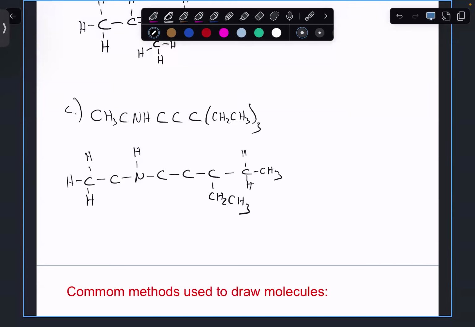Got a little bit lazy over here. So instead of drawing all of those CH bonds explicitly, I just put CH2, CH3, CH2, CH3, CH2, CH3. That is the three different CH2, CH3 groups that are on that carbon. So are we satisfied with this?